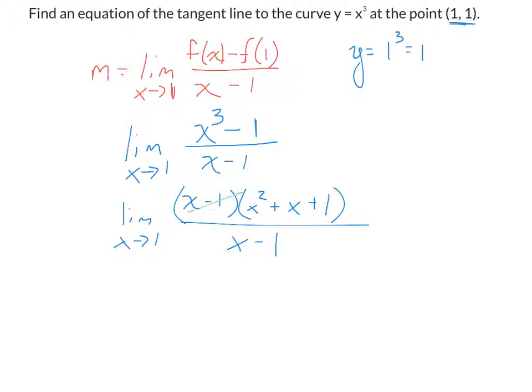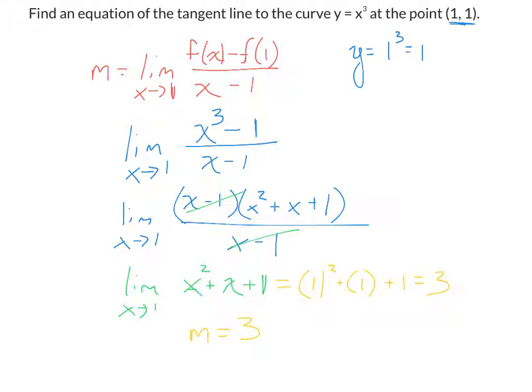And so the x minus 1's will cancel, and the limit as we approach 1 is now being evaluated at x squared plus x plus 1. And since we are continuous everywhere on this particular parabola, I'm able to just plug this in. So we'll do 1 squared plus 1 plus 1, we end up getting 3. So the slope of this tangent line is 3.